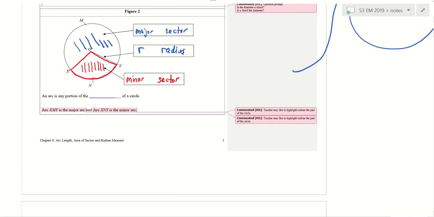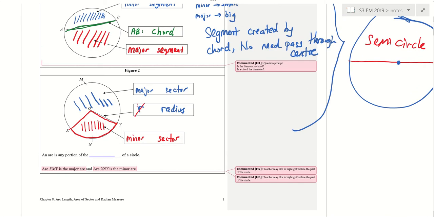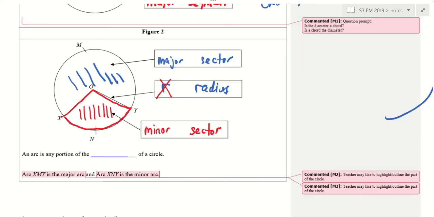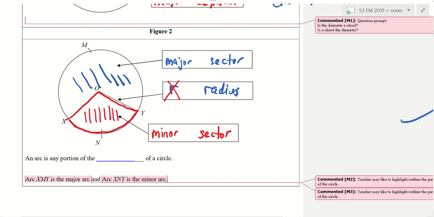Now, it's not R radius, it's just radius. There's no R radius, it's not like some wrapper or something. Now, arc is any portion of the circumference of the circle. If you forget the word circumference, circumference means perimeter. So arc means a curved line anywhere.